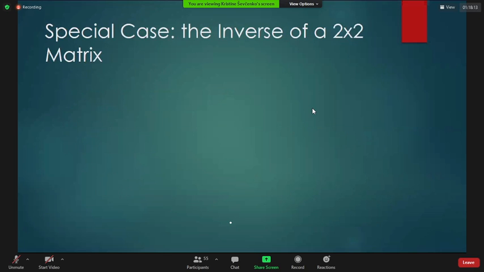Now let's try it. We will consider, first of all, a special case, the inverse of a 2 by 2 matrix. Suppose we have a 2 by 2 matrix. In principle, we can do it according to this plan I just described, but in practice, it is a little bit nicer.